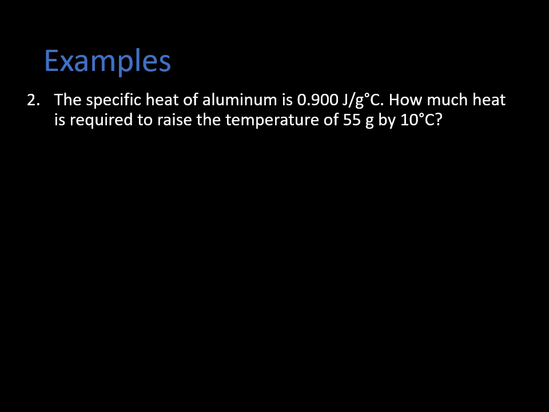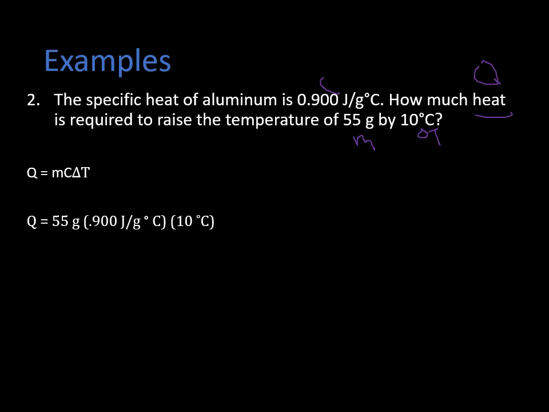Another example, specific heat of aluminum, 0.9 joules per gram Celsius. How much heat is required to raise the temperature of 55 grams by 10 degrees Celsius? So again, we're being asked to solve for Q. We have been given M, we have been given C, and we've been given the change in temperature, delta T. So we just plug each of those numbers in. 55 times 0.9 times 10.